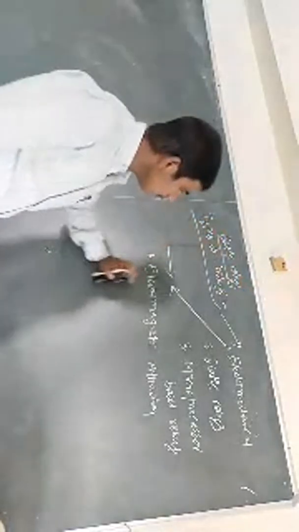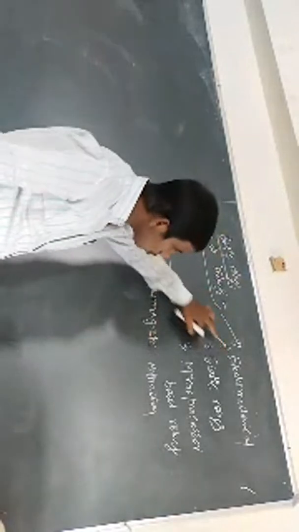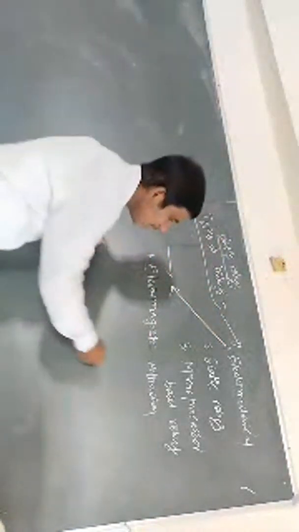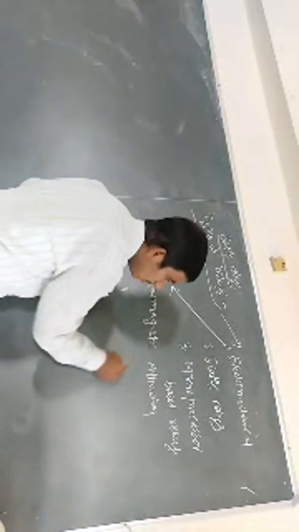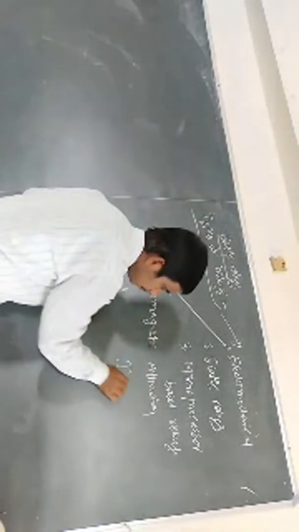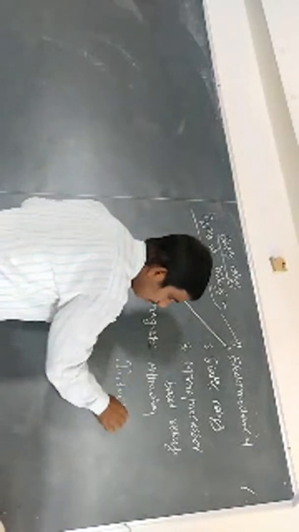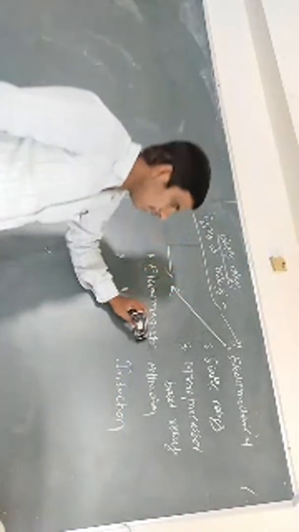The basic relays are classified into electromechanical, static, and microprocessor. Now these electromechanical relays are classified into electromagnetic attraction and electromagnetic induction. It works on the principle of attraction.